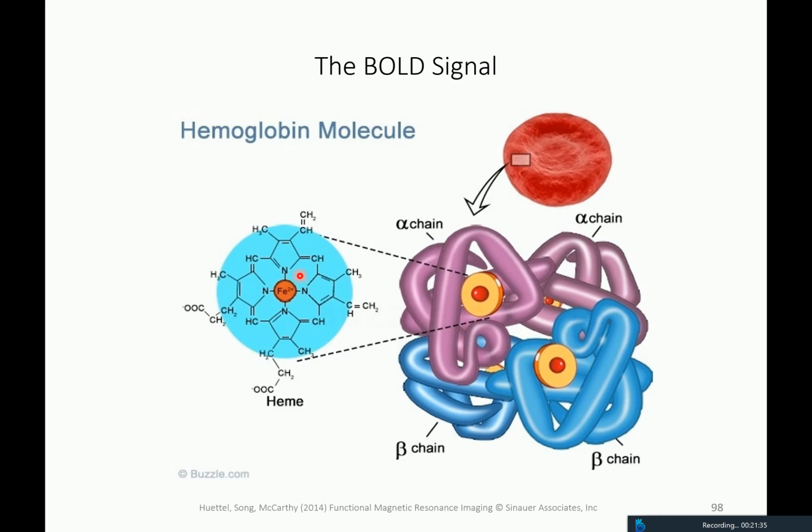So this is why you need iron if you have problems with your blood, and it shows that hemoglobin is a molecule that consists of a protein and these heme units.